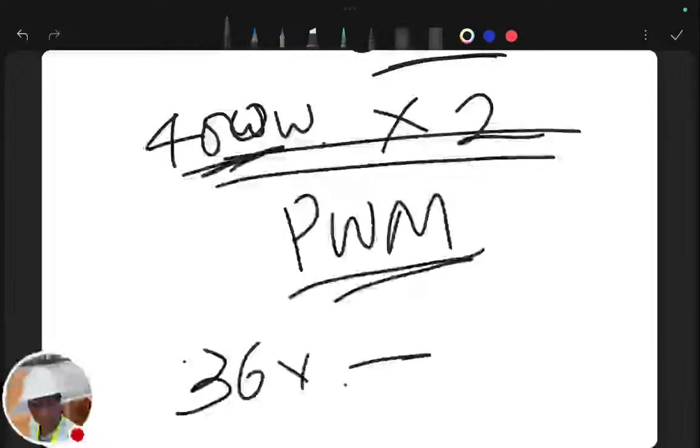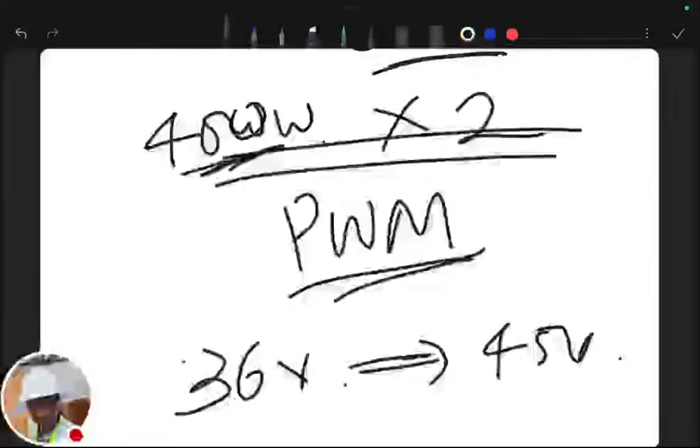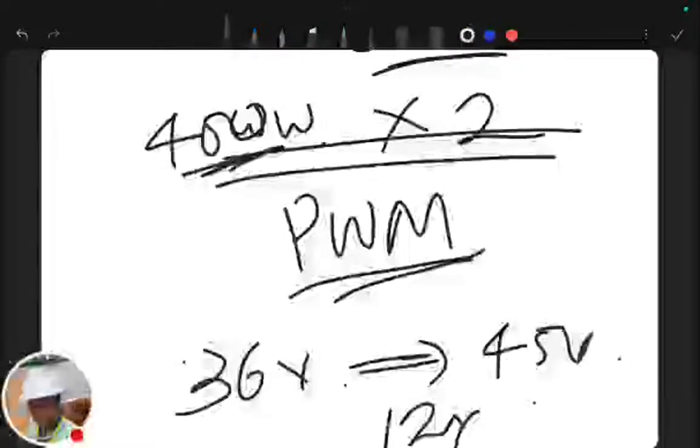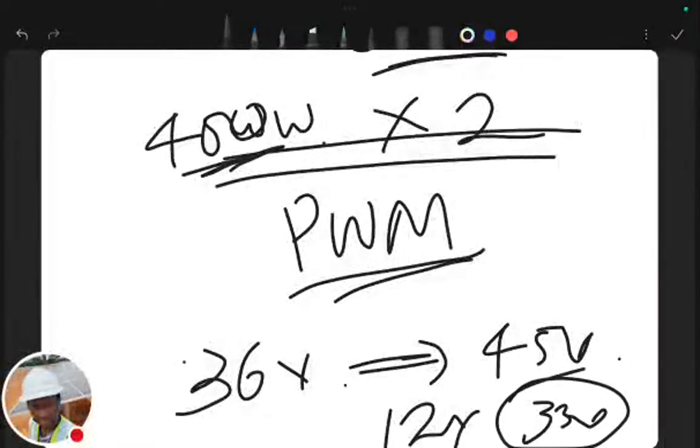And you know that 36 volts in reality is almost like 45 volts, and we only have a 12 volt panel, which means you'll be wasting about what's this, 33 volts, which is more than 50% of what you have. In essence, if you use two pieces of 400 watts panel on a PWM controller to charge a 12 volt battery, you will end up with just 200 watts total. Imagine, from 800 watts all the way to 200 watts.